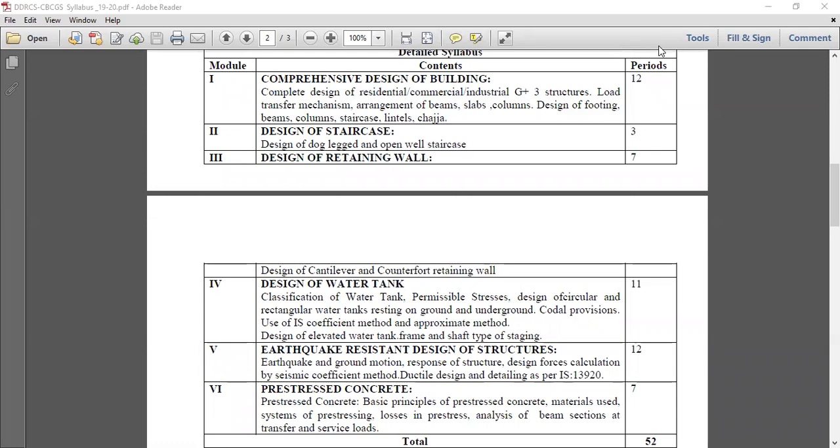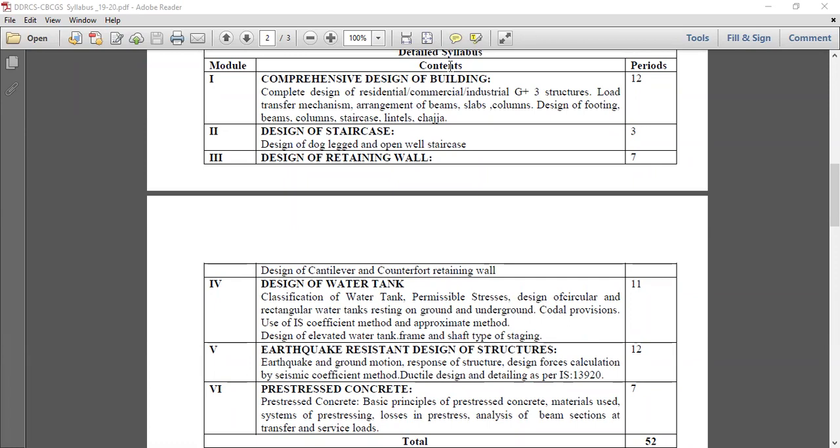Now can anyone classify the water tanks? This classification is on the basis of the location. You can see the water tank which is underground, and then you have elevated water tanks, that is overhead water tanks, and then we have water tanks which are resting on the ground. Now can anyone tell me what is the other classification?